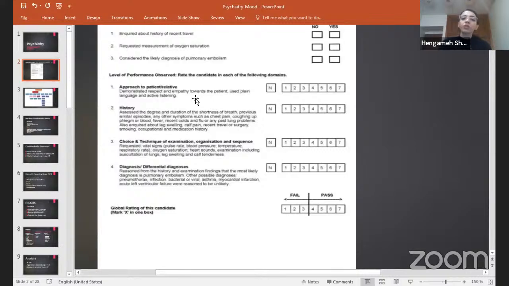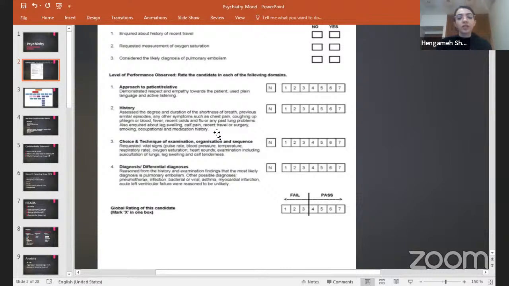Then we have history. If you read through this paragraph, you can see that we will be assessed in the history area. Things that count here are things like starting with an open-ended question, addressing all relevant aspects of the history of presenting illness, and asking the relevant differential diagnosis questions.